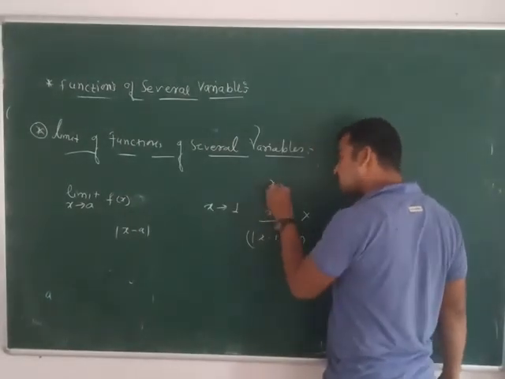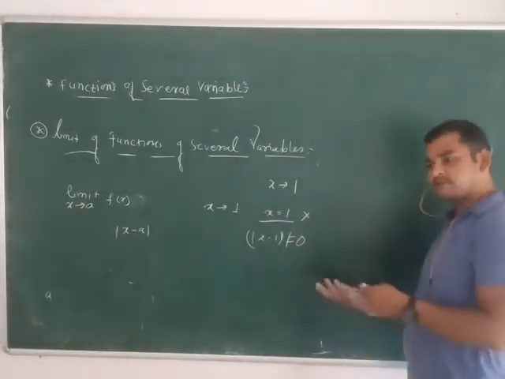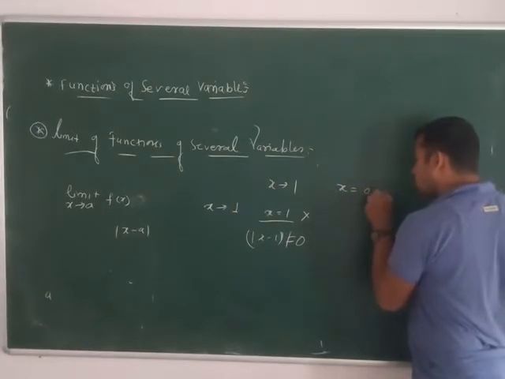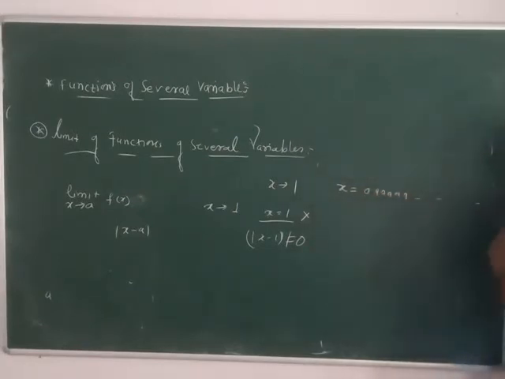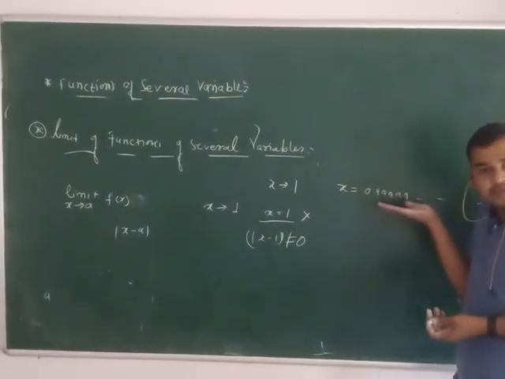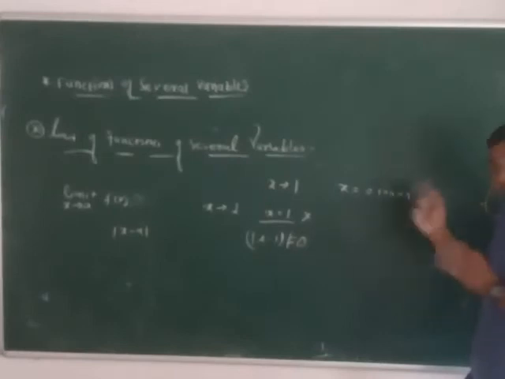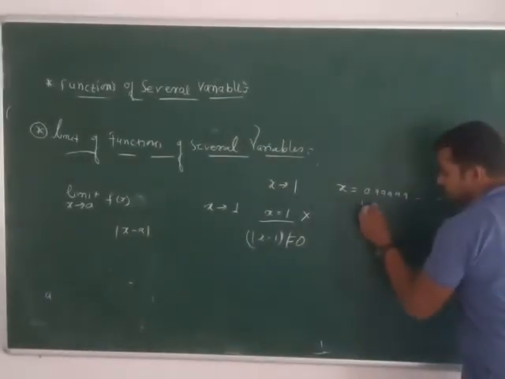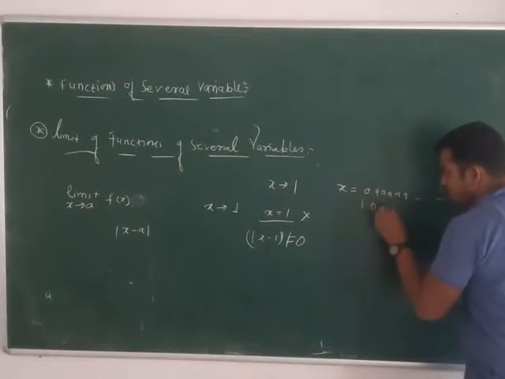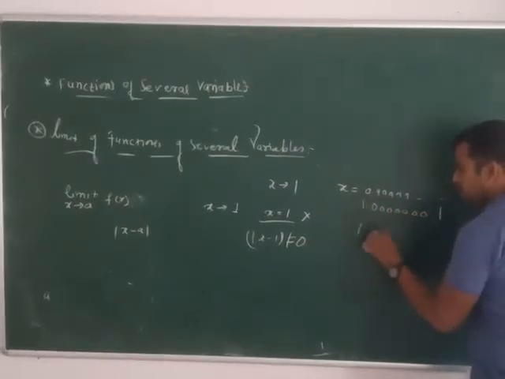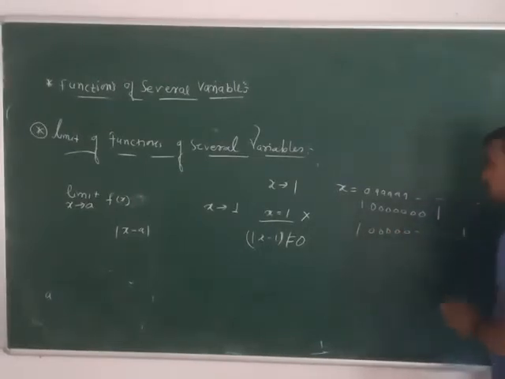But x tends to 1 from the left side and the right side. x may be 0.99999 from the left, or 1.0000001 from the right, because here is 1.